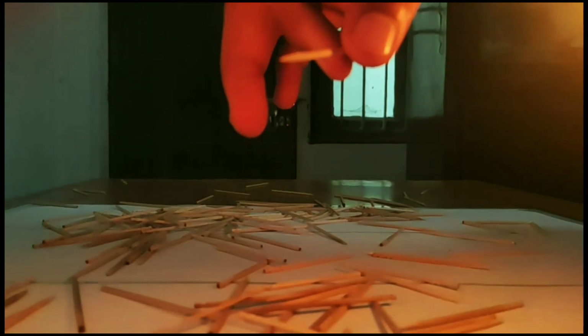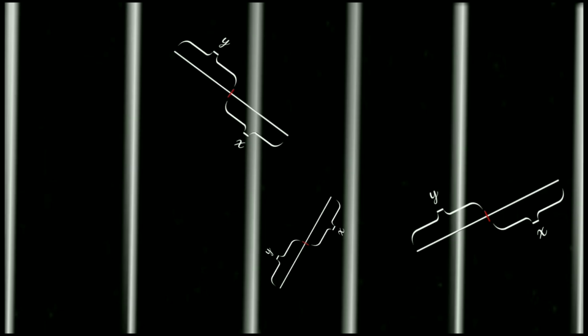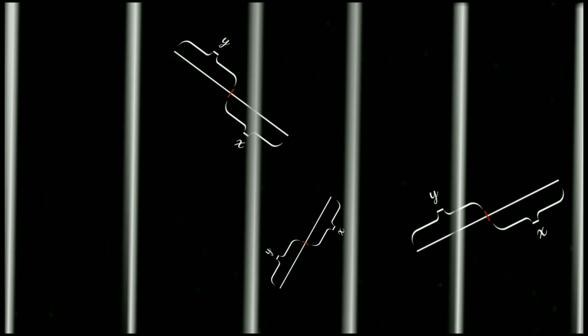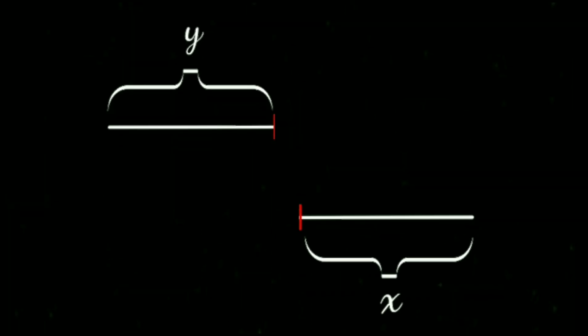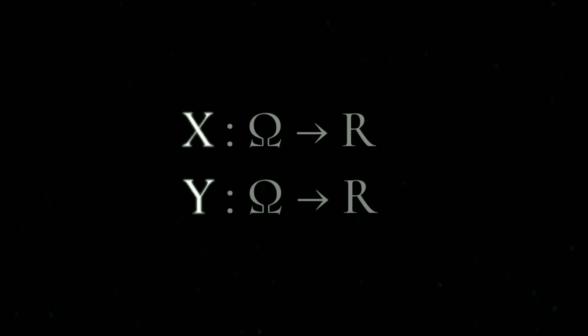To elucidate on this idea, every time you throw the needle and it lands in a certain position, the segments x and y may or may not intersect with one of the lines. The purpose of capital X and capital Y is to provide us with that very information. Thus, the values of capital X and capital Y vary from outcome to outcome. In a sense, capital X and capital Y are functions defined from the set of all possible outcomes to the set of real numbers.